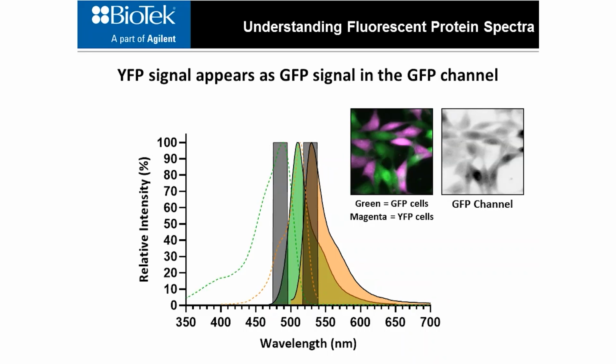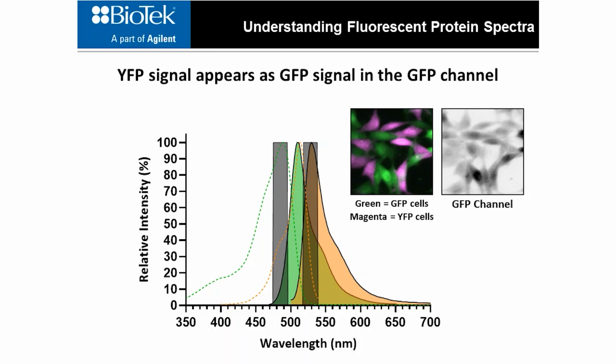To illustrate this point, consider two cultured cell populations, shown in these insets right here. One population exclusively expresses GFP and another expresses YFP. Because green and yellow are not easy to decipher, in the left panel I falsely colored YFP to magenta, so you can see the two different populations.